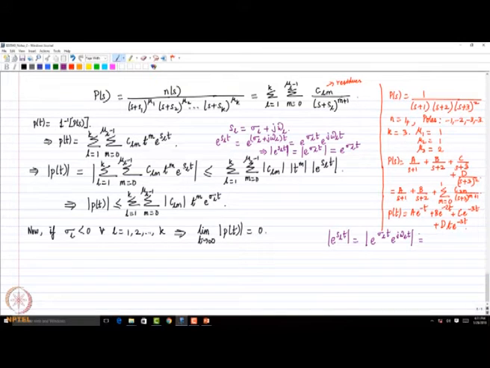This is the magnitude of a times b, which is the magnitude of a times the magnitude of b. And what is e power j omega_l t? If I use Euler's relationship, it's going to be cos omega_l t plus j sine omega_l t.